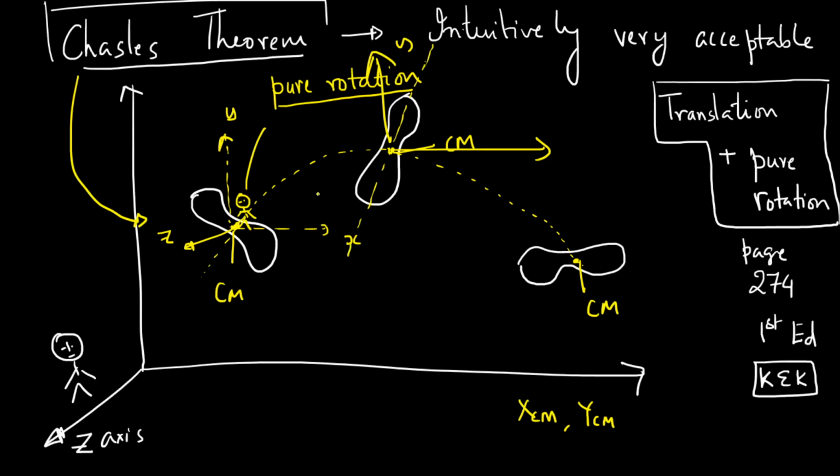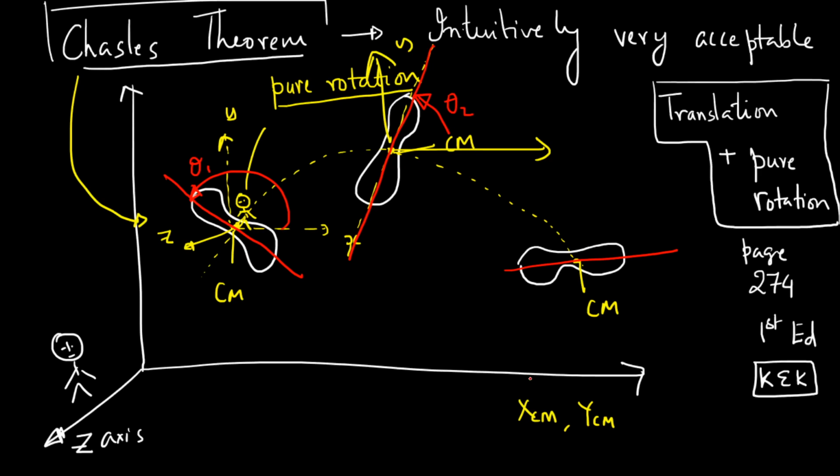Maybe I'll choose a different color. So this is the orientation of the baton, and maybe you will see different angles for this orientation of the baton. So theta 1, and then this is a different theta, theta 2, and so on.